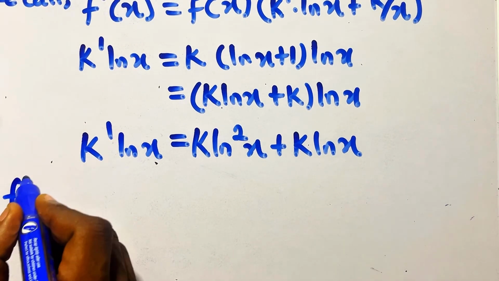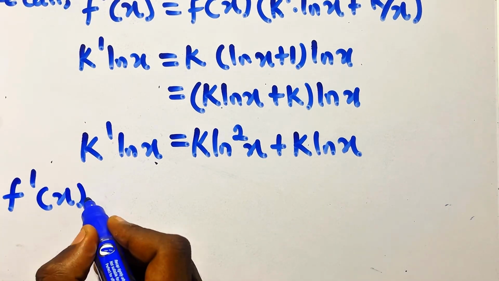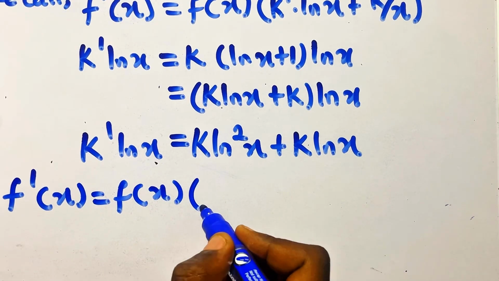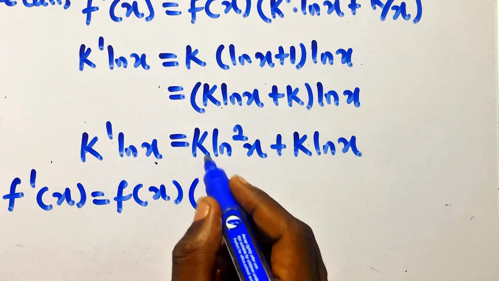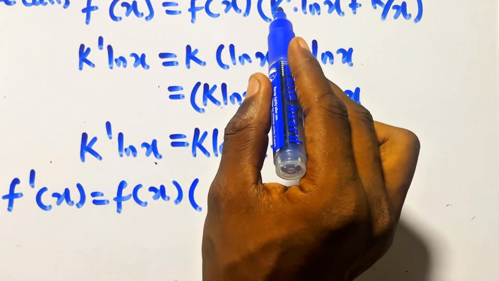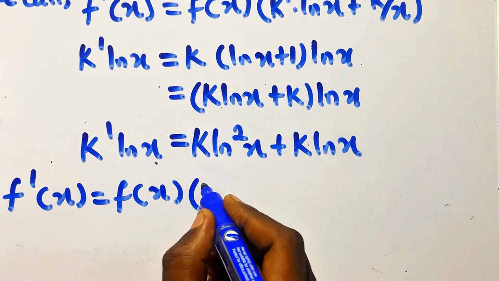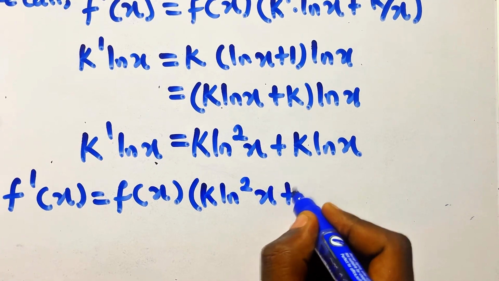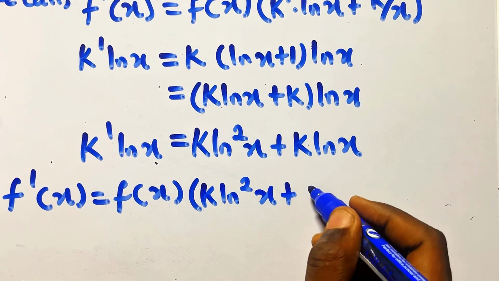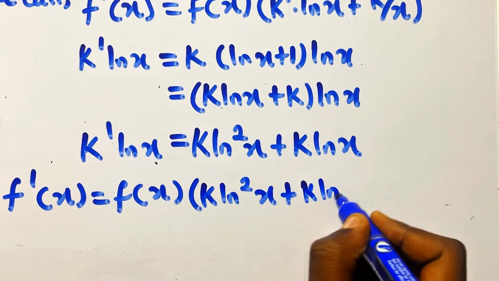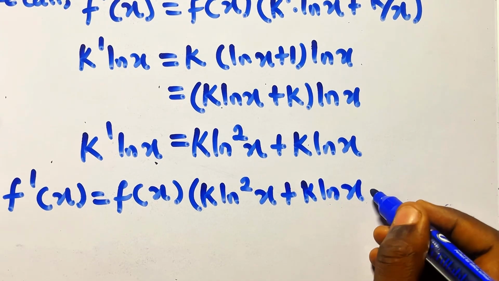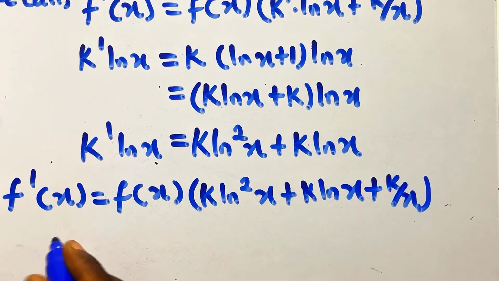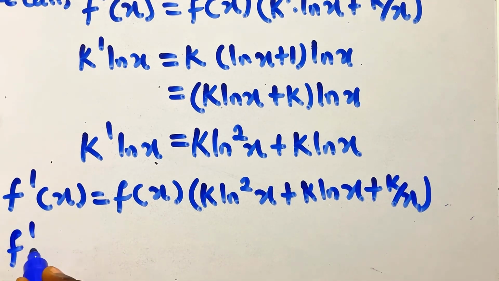Therefore, our f prime of x will now equal f of x multiplied by k ln square x plus k ln x, plus k divided by x.